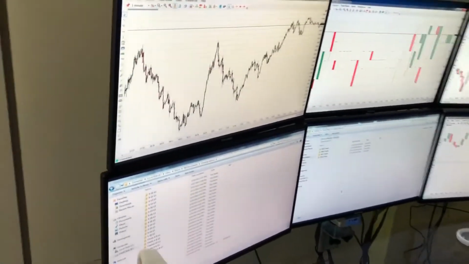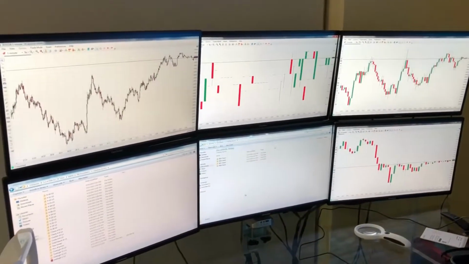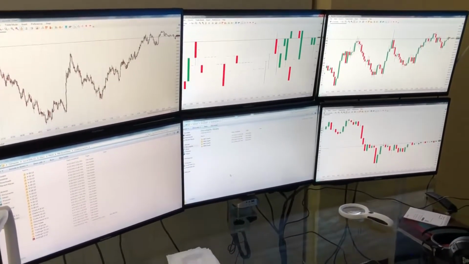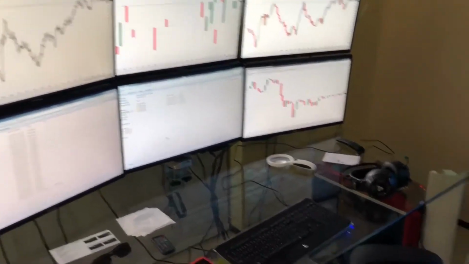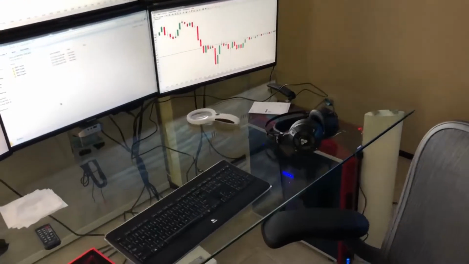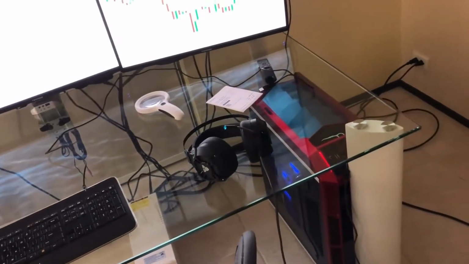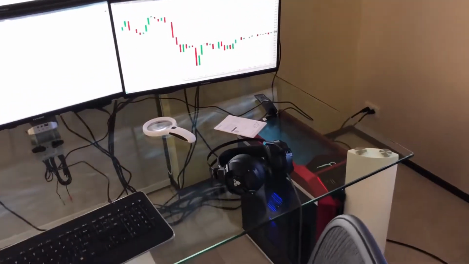The funny part is that I had it sent from the USA all the way to Thailand, and when I got the package, it said made in China. I was like, oh, well, I could have just ordered it from China then. Anyway, and of course I've got my trading computer there. It's a pretty powerful computer. It was only about $3,000 or something like that, but it's pretty powerful.